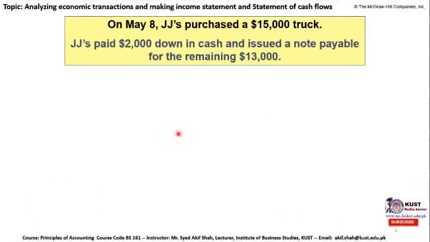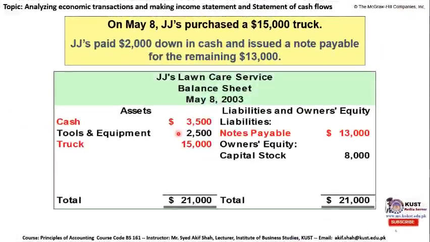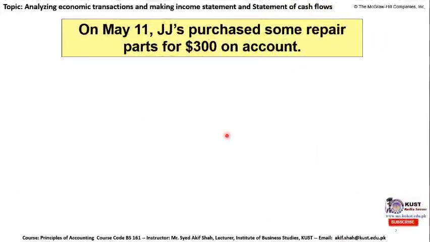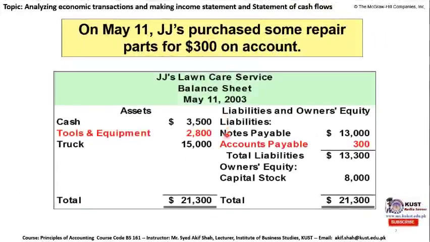In a similar fashion, we had the May 8 transaction of purchasing a truck, and then we highlighted the impact of this transaction on the balance sheet, as highlighted in red color in front of you. Then on May 11 the company purchased some repair parts and equipment.